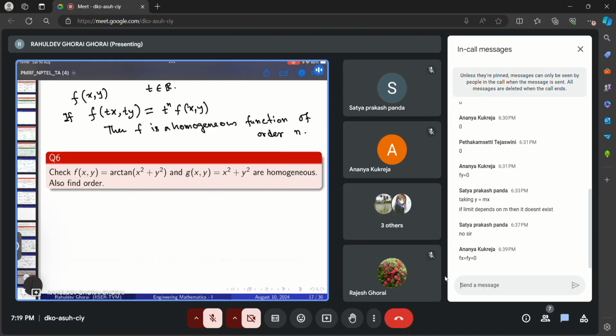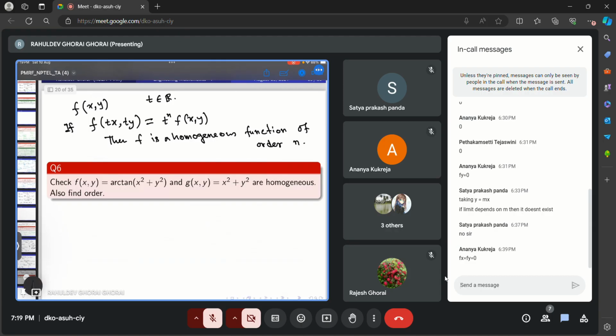What is the interesting thing about this function? Euler has shown some property of this type of function, like you can easily find some derivative relation for this type of function, which I will tell later. But first, try to show whether these functions are homogeneous or not. We'll see why homogeneous functions have nice properties.